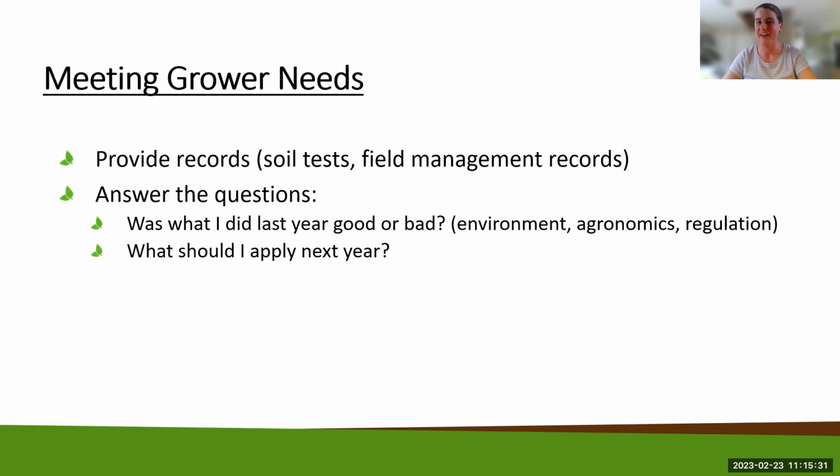This is from an environmental perspective, agronomically, and according to regulation. The other question, maybe the most important one for a lot of growers, is what should I apply next year? This question is answered even through the report cards, mostly as indicating potential adjustments. Then, of course, through the input recommendations route, there are really specific, very targeted input values.